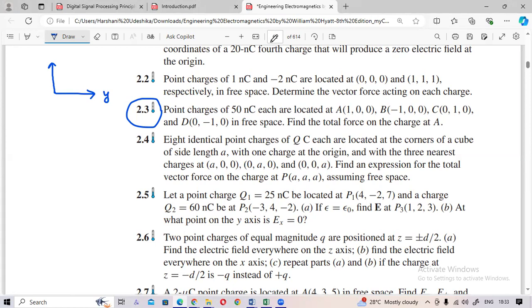You have to use your right hand rule to get this direction. The x direction is your thumb direction.